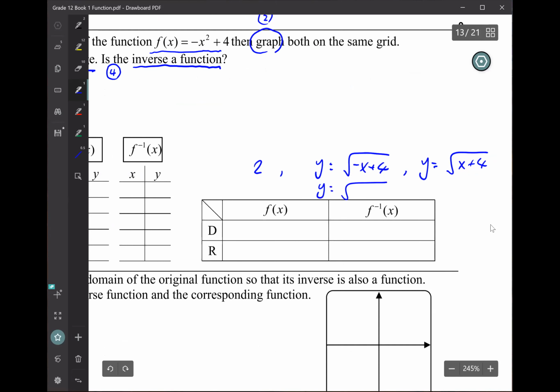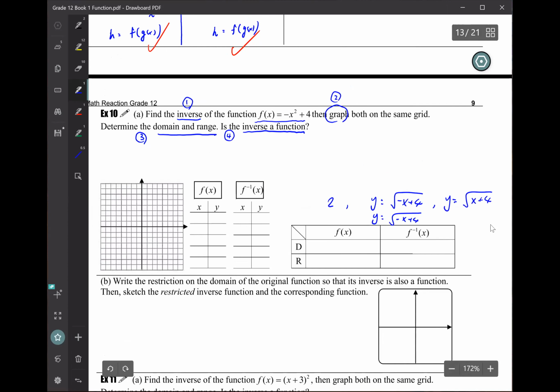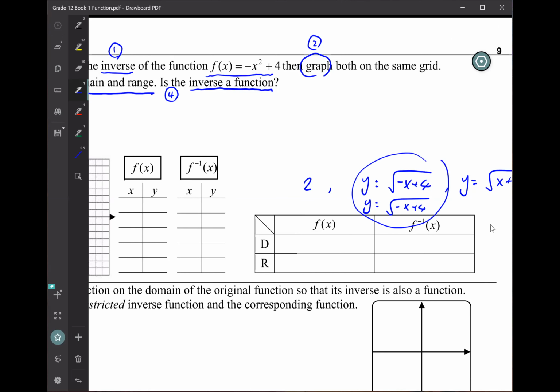Okay, square root of negative x plus 4. Anyone else got something different? How about Eric? I also got square root of negative x plus 4. With a negative, okay? All right, so those who got the middle one here, it is 98% correct.